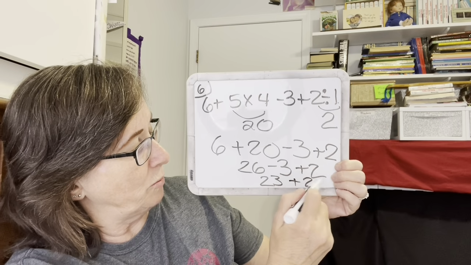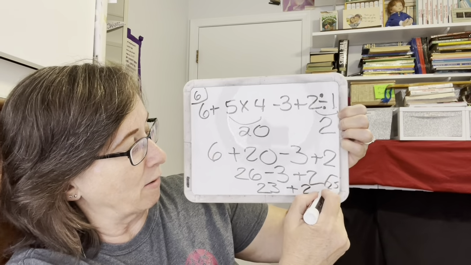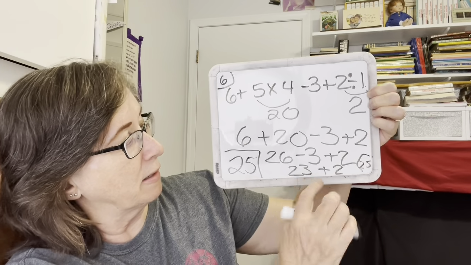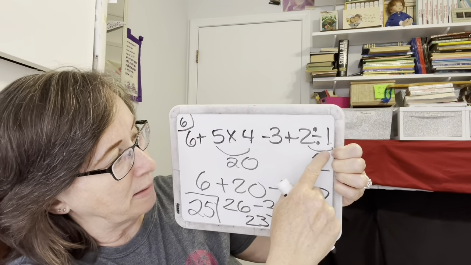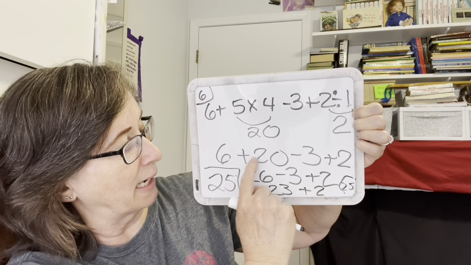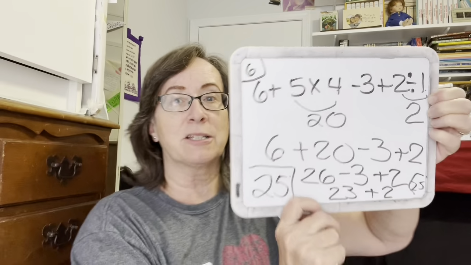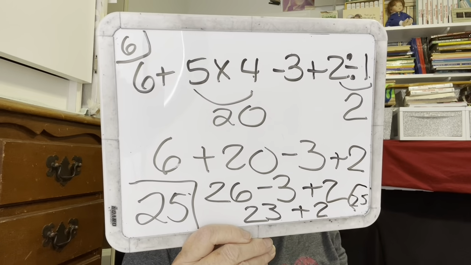Plus 2 is 25. 25 is our answer. Okay, so notice how I went to times, division, got those simplified, wrote it again, and then I went left to right until I figured out what my answer was. So there is number 6.